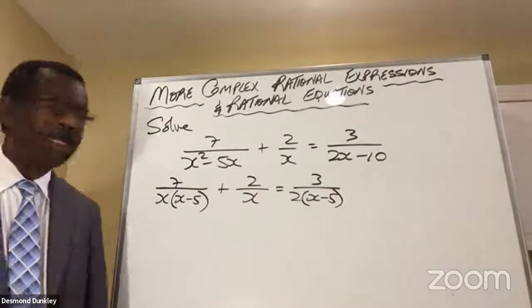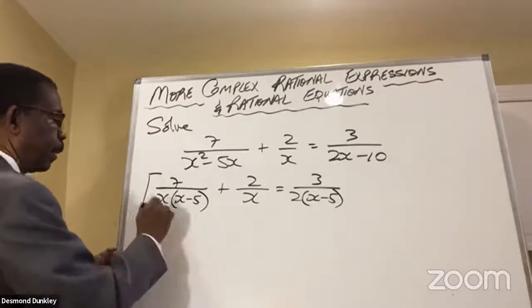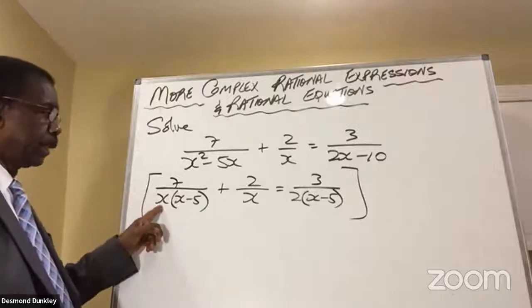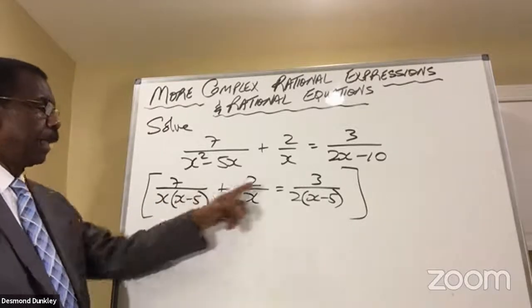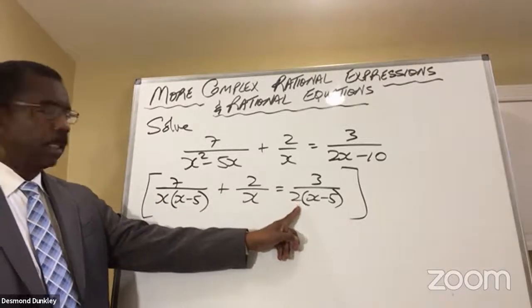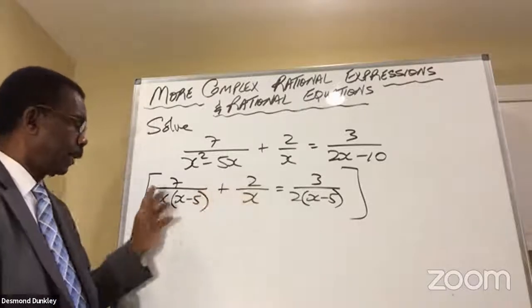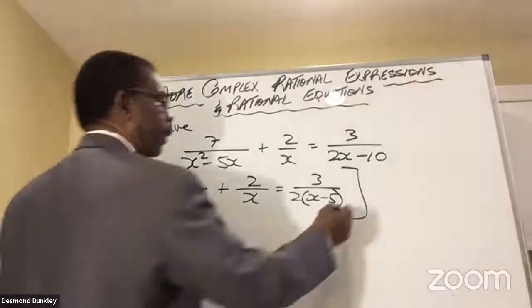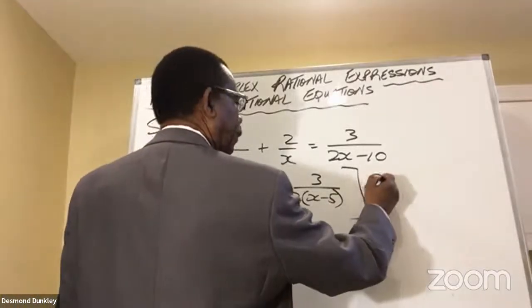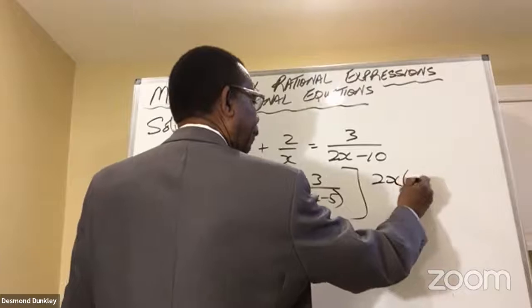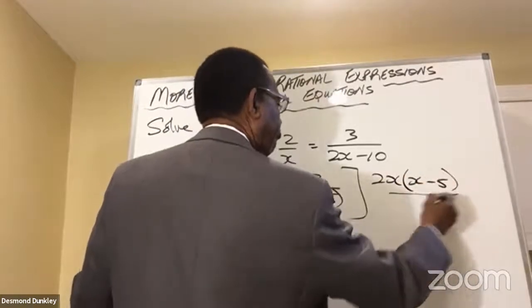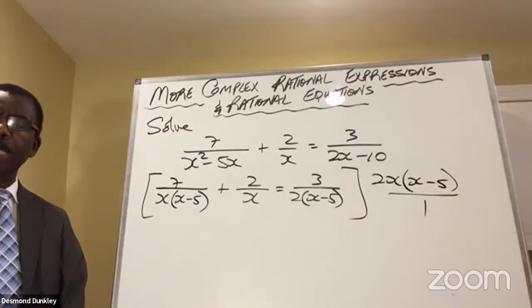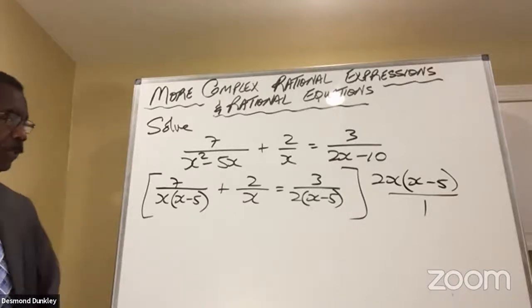So by now you can see that the common denominator has to incorporate x, x minus 5, and 2. It has to take into account all these factors. So we're going to multiply both sides by 2x times x minus 5. That's what we're multiplying by, both sides. And that will eliminate all fractions.